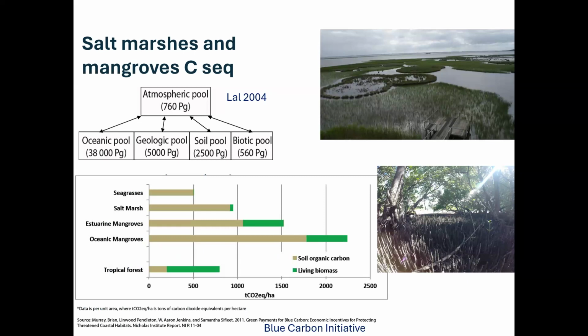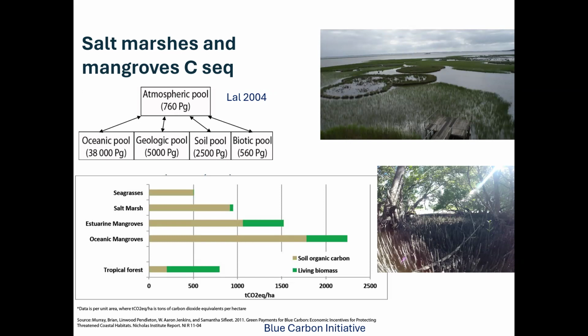And to give you an idea of what we mean by that importance, you can see there seagrasses have a huge amount of carbon that's locked away in their soils. And remember, the soils are typically the most stable part of that blue carbon pool, from the perspective that you get fairly high turnover if it's in the biomass. Salt marshes even greater, and slightly more in the biomass themselves.